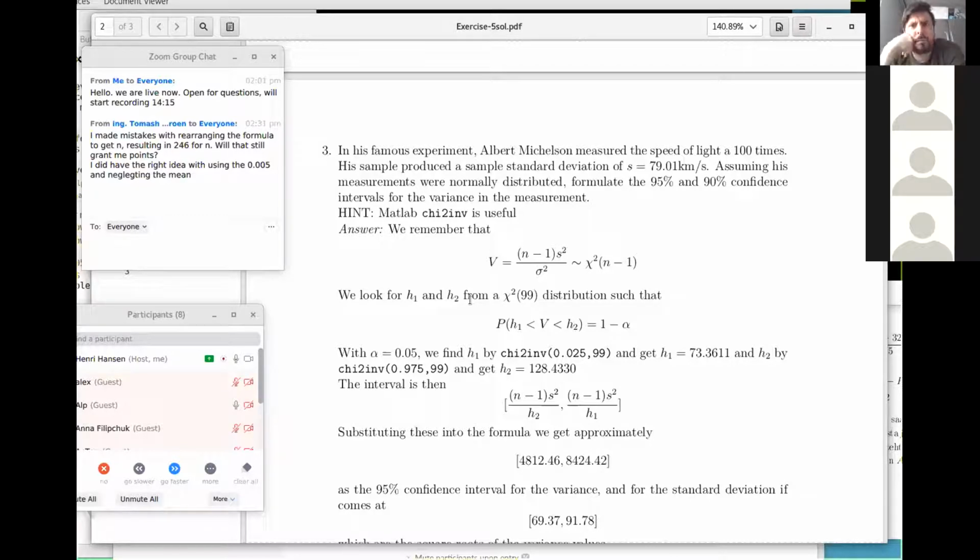Well, yeah, roughly that. If you think about this, yeah, 1 in 4,000 roughly. Yeah, that's true. 1 in 4,000. Assuming that the measurements were normally distributed, formulate the 95 and 90% confidence interval for the variance.